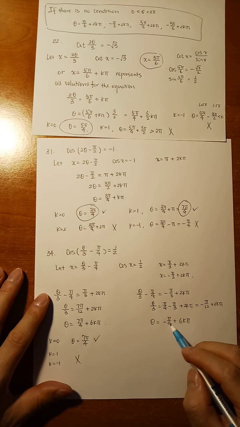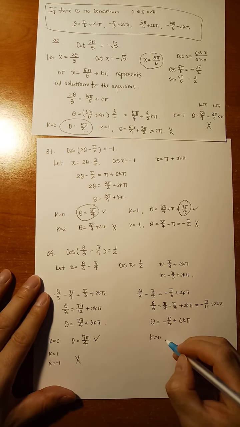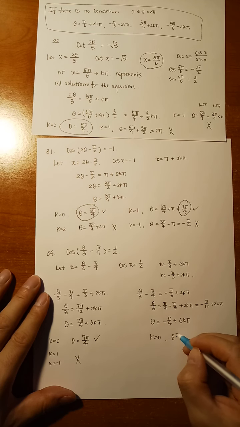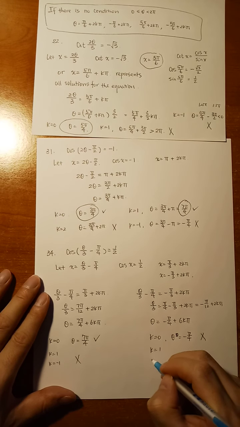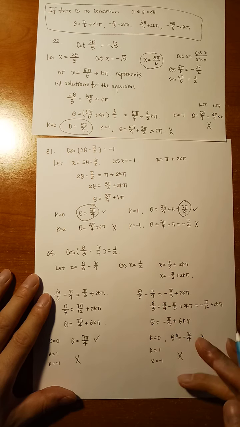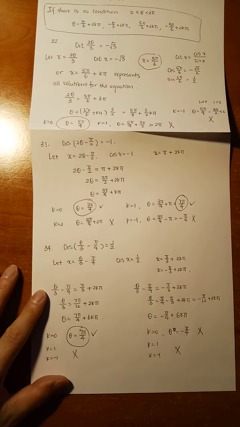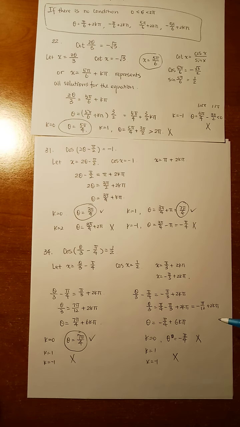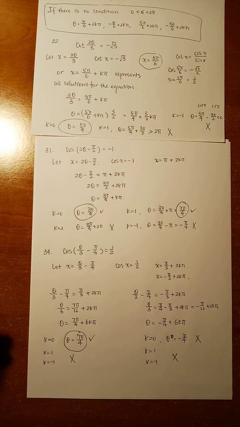And when k is 0, theta is negative pi over 4, it's bad. When k is 1, k is -1, they're all bad. So from this direction, there's no solution. So there's only one solution. Okay? So I hope you can understand the steps for the solution of those equations if you have the requirement theta between 0 and 2 pi. Okay?